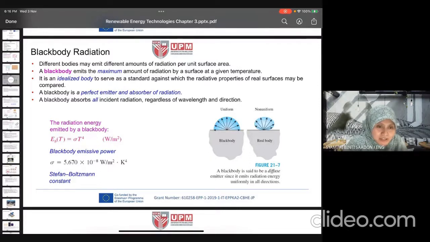For the radiation energy emitted by a black body, we use the Stefan-Boltzmann constant, sigma, 5.67 times 10 to the power minus 8 watt per meter square per Kelvin to the power of 4. This is how we characterize the radiation energy. A black body is said to be a diffuse emitter since it emits radiation energy uniformly in all directions.